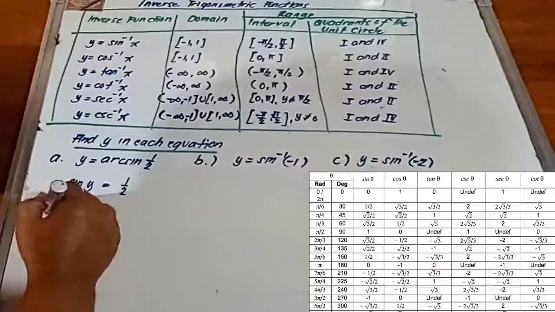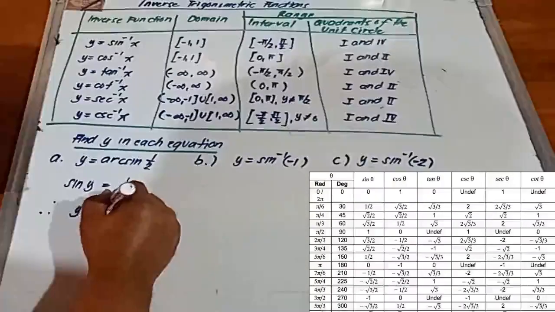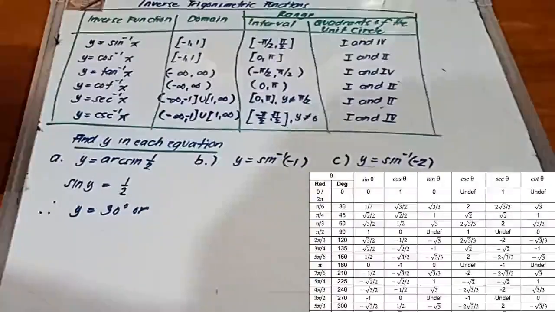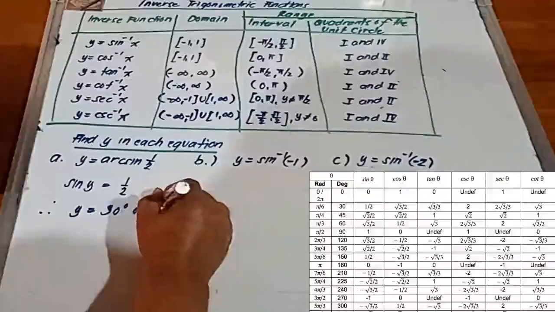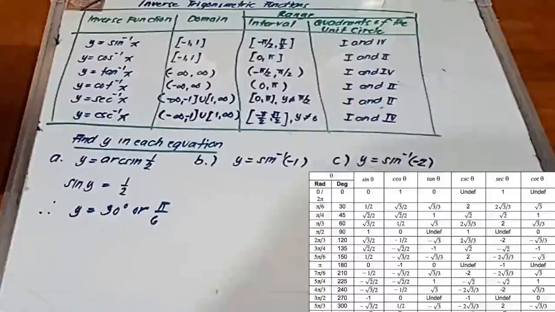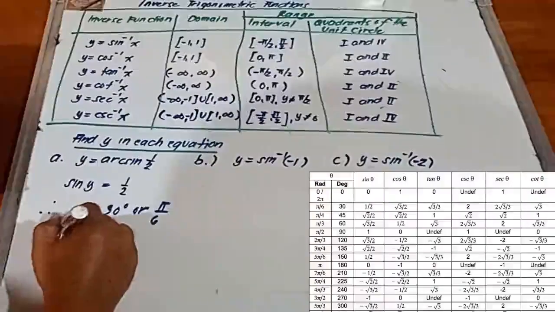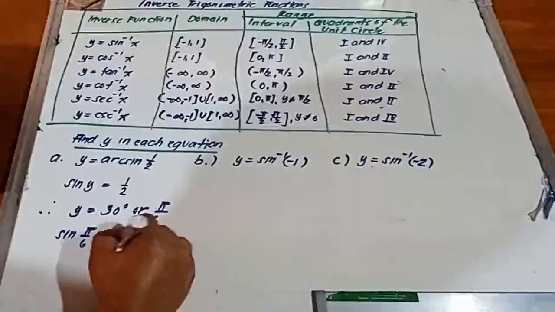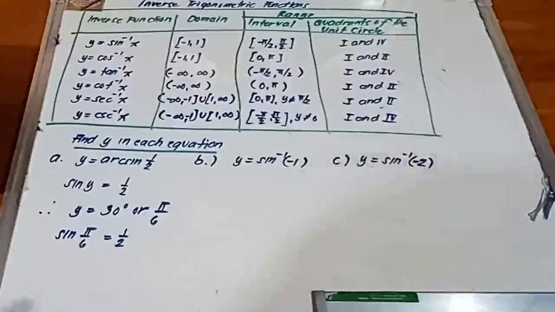Therefore, y is equal to 30 degrees, or in radians, pi over 6. Okay? Ganun lang kadali. So, therefore, sine of pi over 6 is equal to 1/2. Okay? So, that is our answer for letter A.